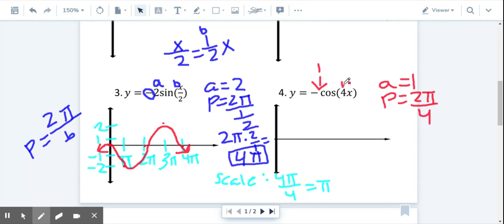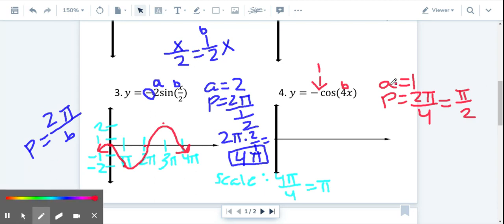My b value is 4. So that means we have pi over 2 as a period. Once we find amplitude and period, we have a reflection, we can circle it, we don't have any shifts. So we skip steps 2 and 3, we go right to finding the scale.